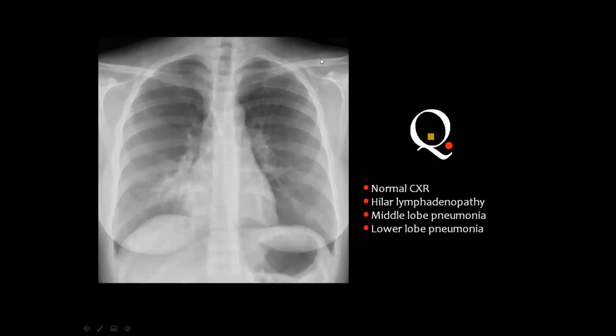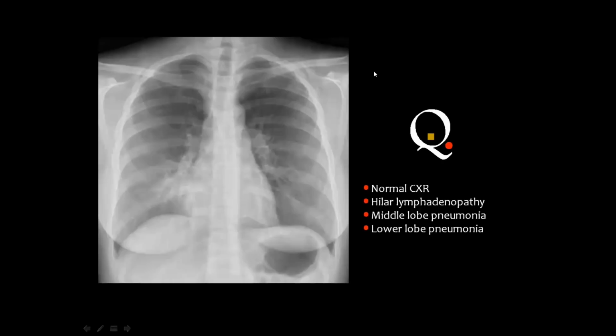is a chest X-ray. No, this is not an aneurysm. This is a normal chest X-ray, and this is one of the common mistakes seen in clinical practice.